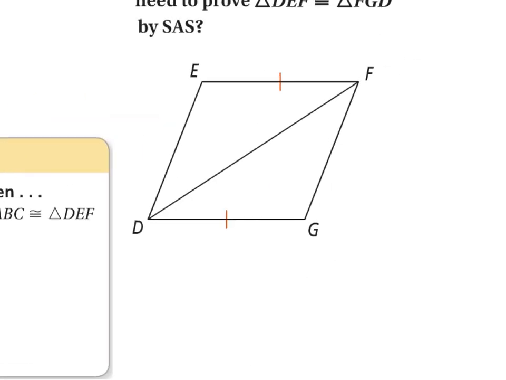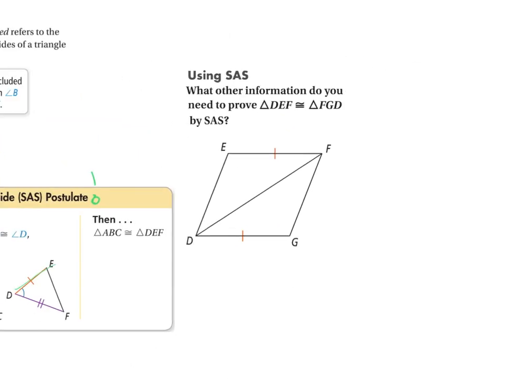Okay, what other information do we need to prove that triangle DEF is congruent to FGD? Well, it looks like we have a side on the top and the bottom, and then the middle, obviously.